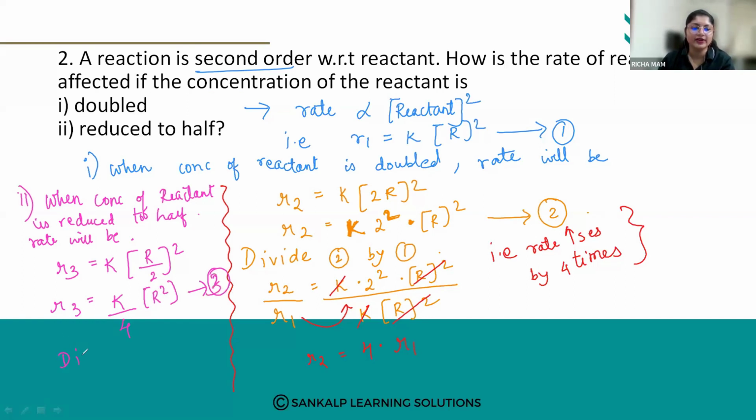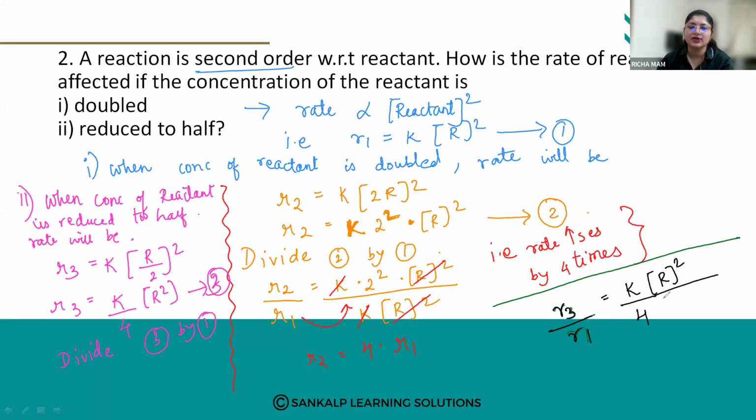Now what we'll do, divide 3 by 1. So R3 by R1 is equal to, R3 is K by 4 R square, and what is your R1?